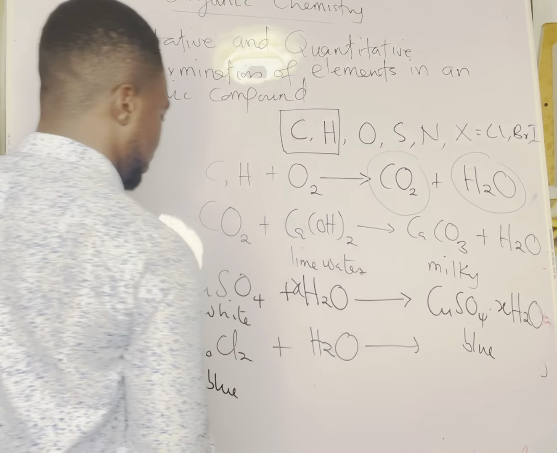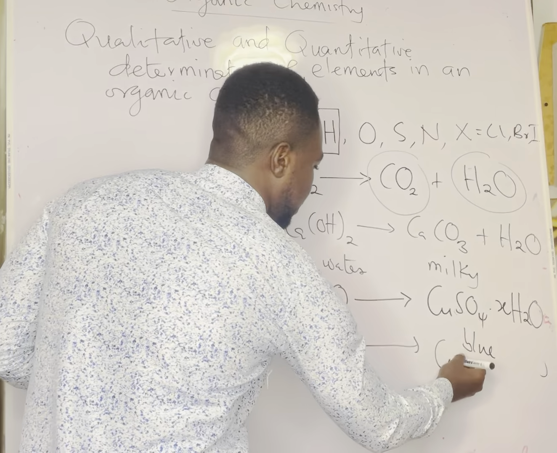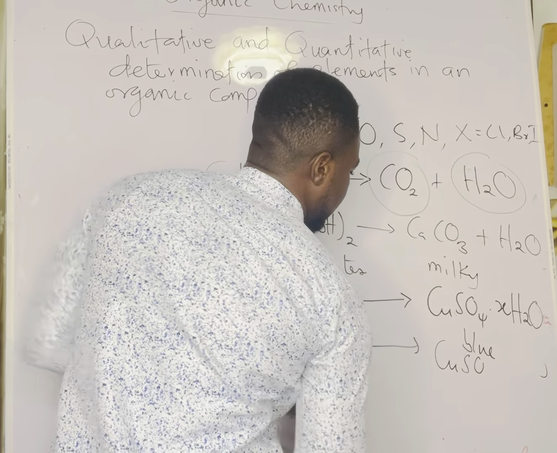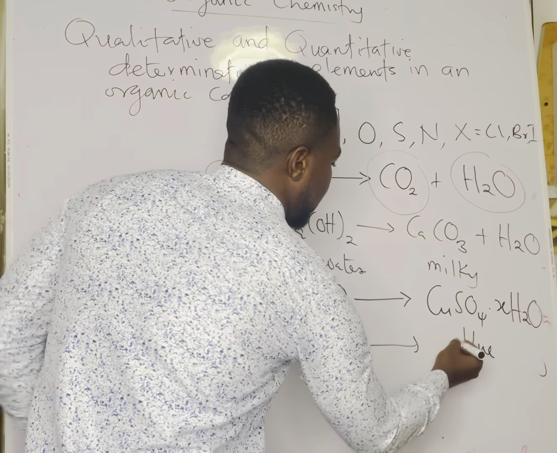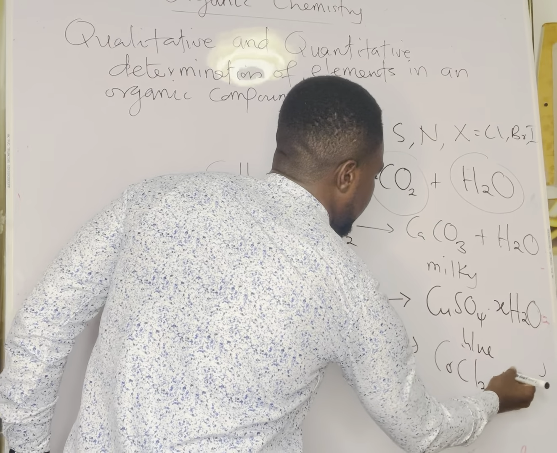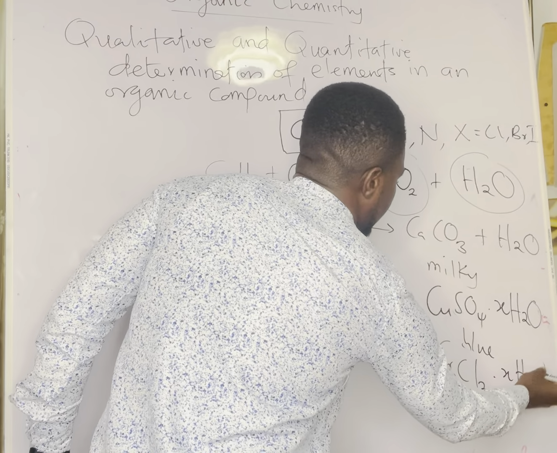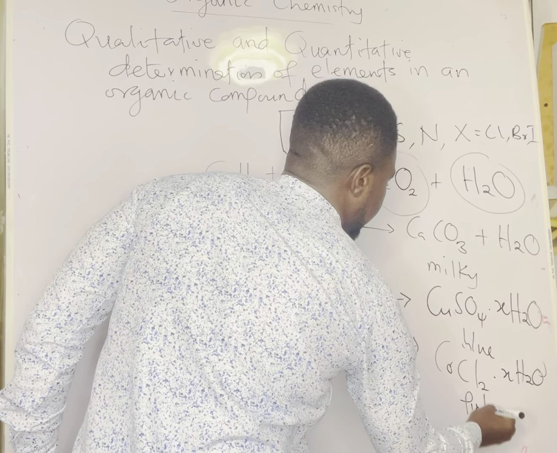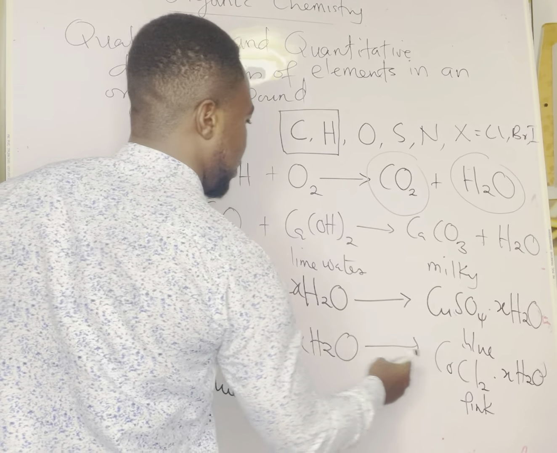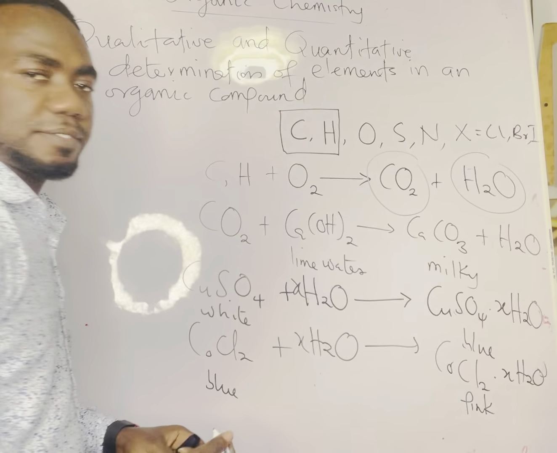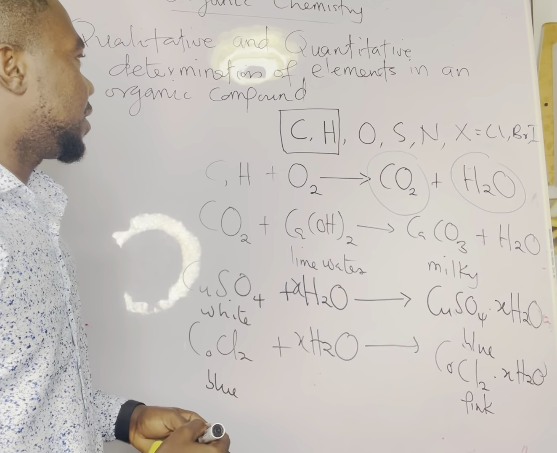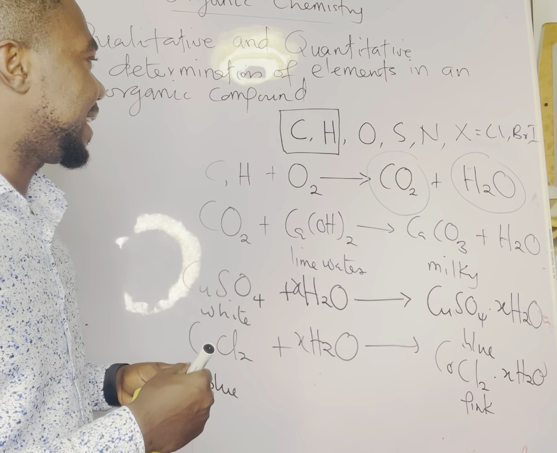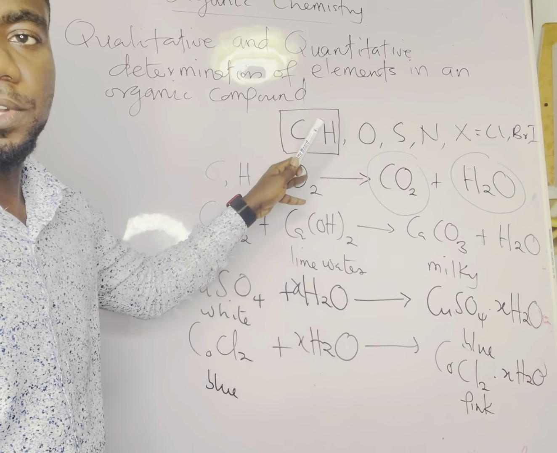Adding water to cobalt 2 chloride will change it to pink. The water of crystallization, say X. So that is the procedure to determine carbon and hydrogen in an organic sample.